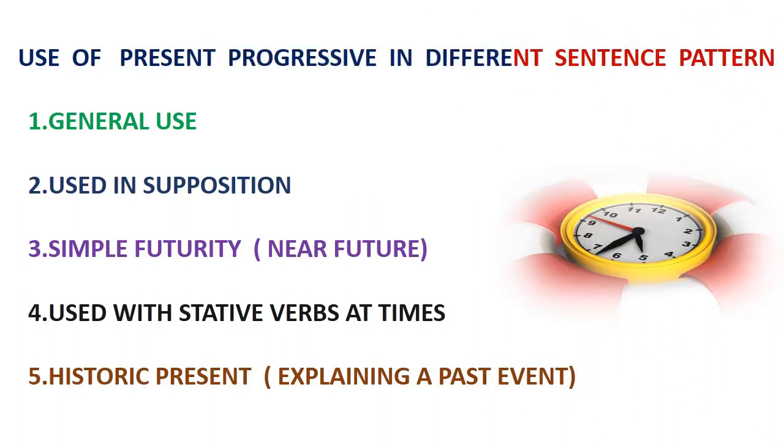Use of present progressive in different sentence patterns. Number 1, general use. Number 2, used in supposition. Number 3, simple futurity, or you can say near future. Number 4, used with stative verbs at times. Number 5, historic present, you can say explaining a past event.